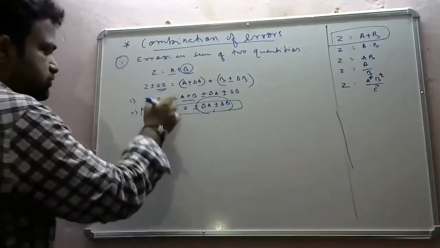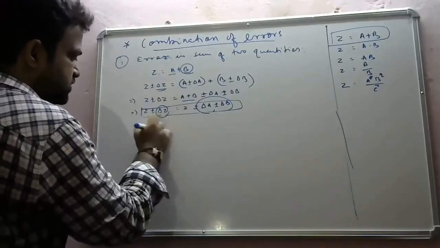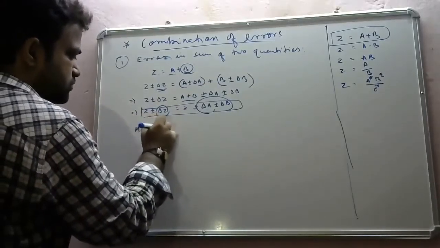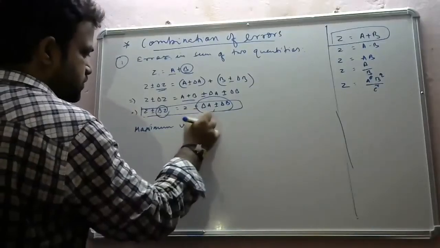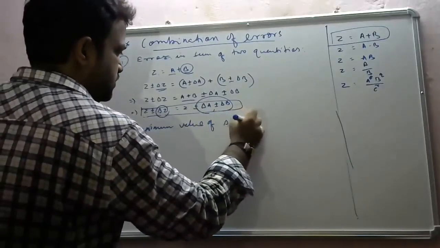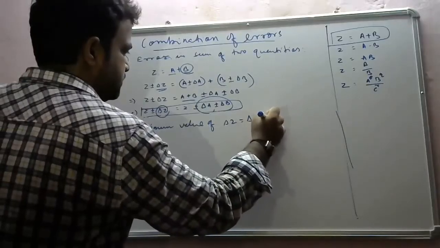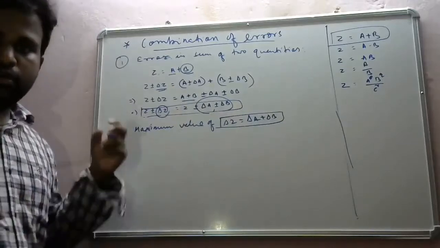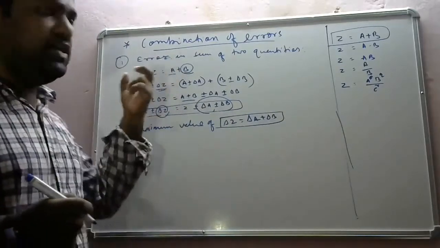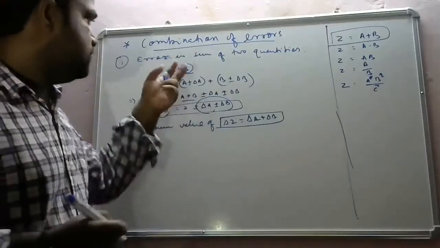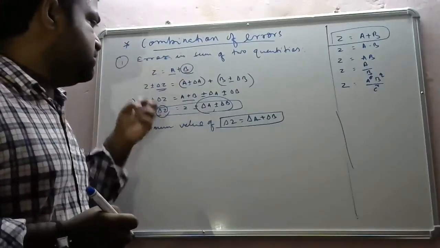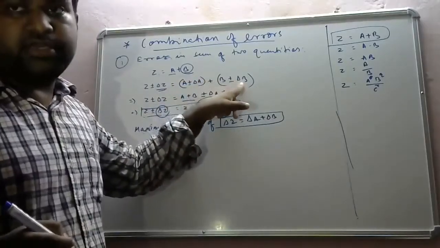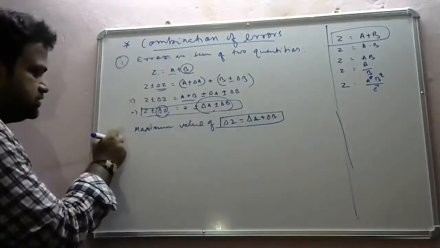So if we are interested to find the maximum delta Z, we will write that the maximum value of delta Z will be delta A plus delta B. So when two quantities are added, or when we are finding the sum of two quantities, the error in the result will be the sum of the individual errors. Clear?